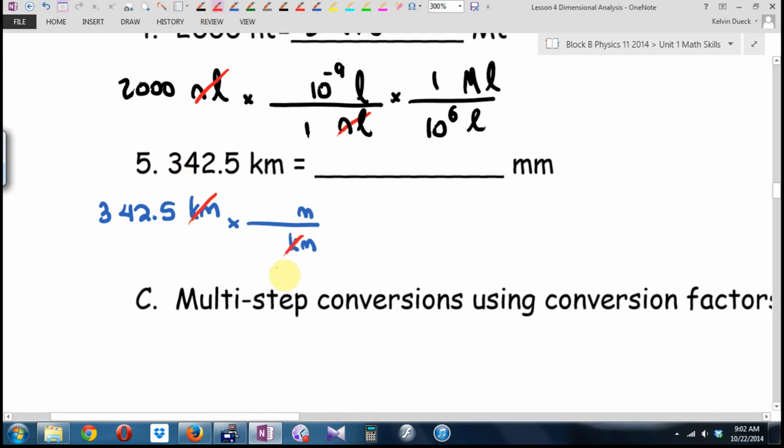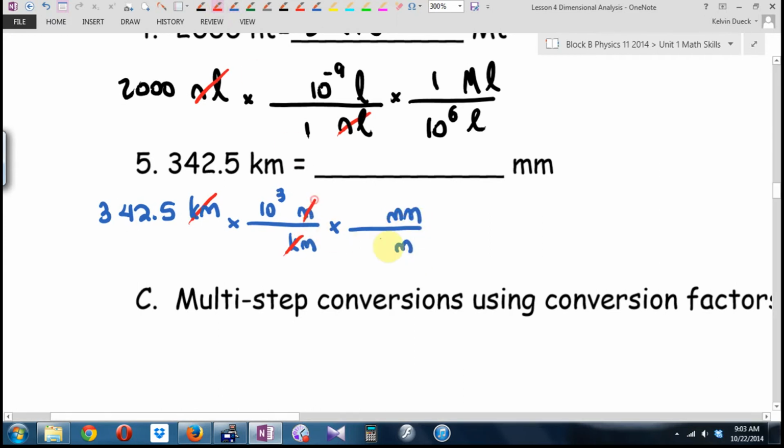But don't forget to add the conversion factor. I know that kilo is 1,000, so it's 10 to the third on your sheet. Sometimes you'll see me just write 1,000, because kilometers and centi are the two that I've memorized. Meters on the bottom, millimeters on the top.